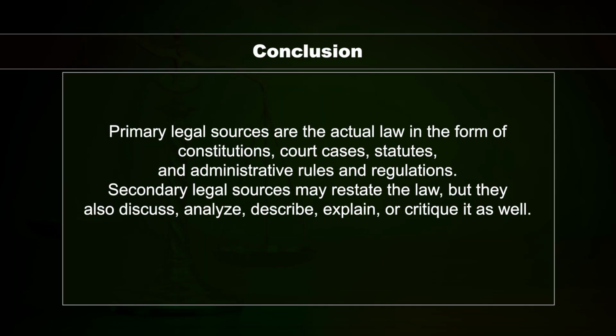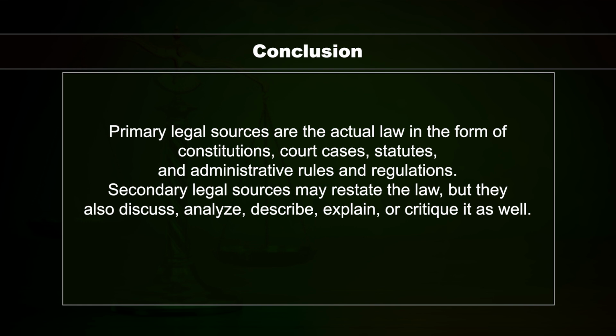Dear friends, now I will conclude today's talk by saying that materials used for legal research are generally divided into two broad categories. First one is primary sources and second one is secondary sources. Primary legal sources are the actual law in the form of constitutions, court cases, statutes, and administrative rules and regulations.